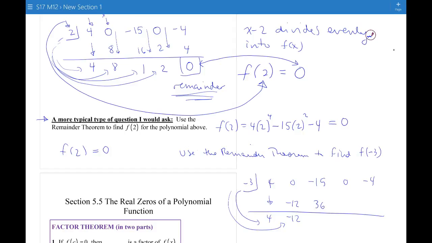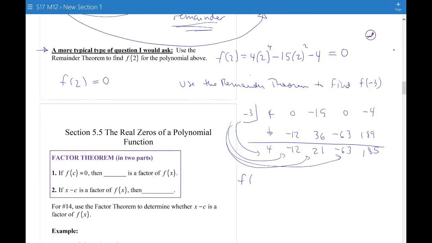Multiply, 36, add, get 21. Multiply, get negative 63, add, get negative 63. Multiply, get 189, and add to get 185. So this was a pretty quick way of seeing that f of negative 3 equals 185. Then you could double check it by actually plugging in, but I think synthetic division's a lot faster. So that's my strong preference.